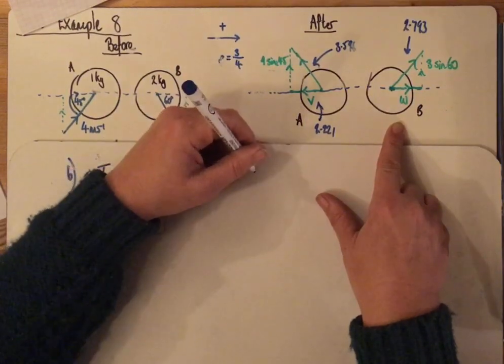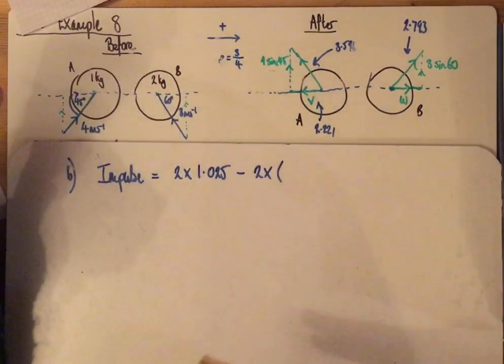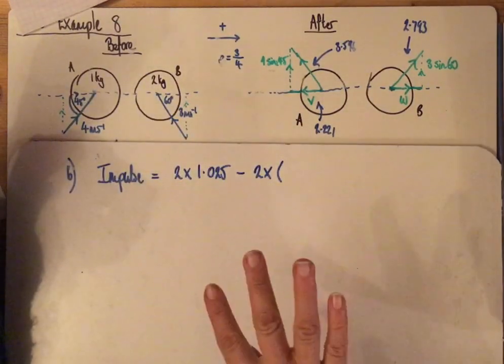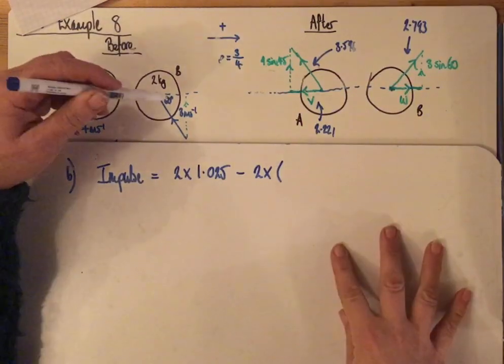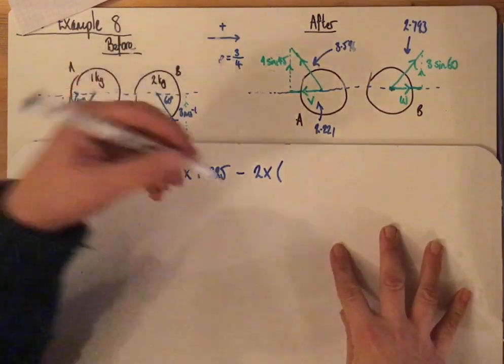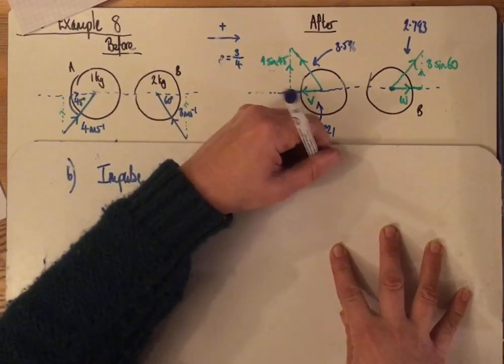And then the momentum before is 2 times, remember now we're working with velocity, so you just need to be a bit careful whether it's speed or velocity. Momentum is velocity, and so it's minus 3 cos 60 because it's acting in the negative direction.